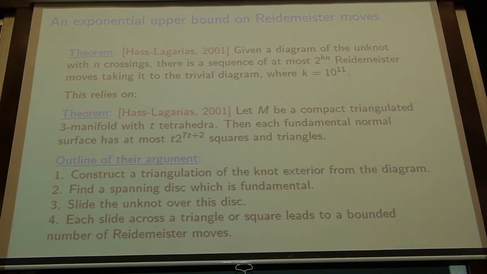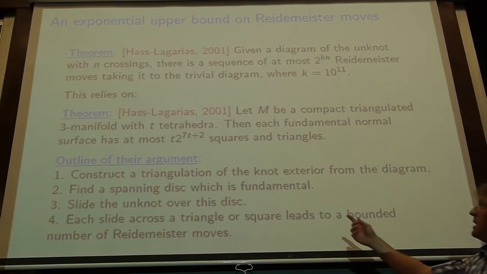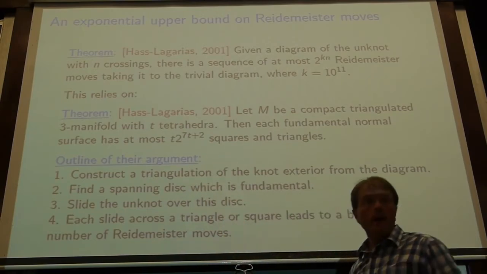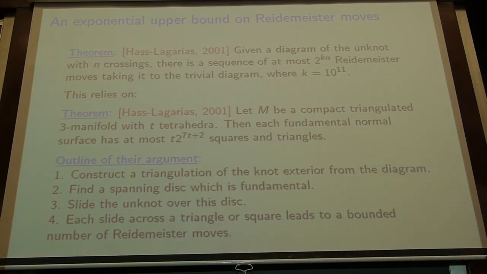You know that there's a fundamental spanning disk, and we've got a bound for the number of normal triangles and squares, and you slide the unknot over this disk, and roughly speaking, each slide across a triangle or square leads to a bounded number of Reidemeister moves. And so the exponential upper bound on the number of triangles and squares gives you an exponential upper bound on the number of Reidemeister moves. That's the way that argument works.